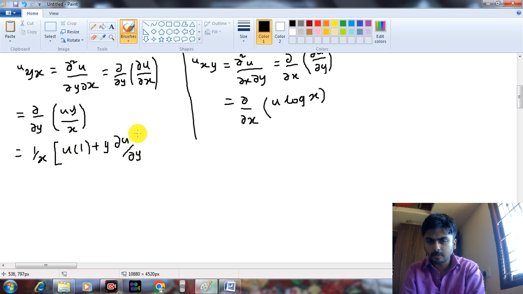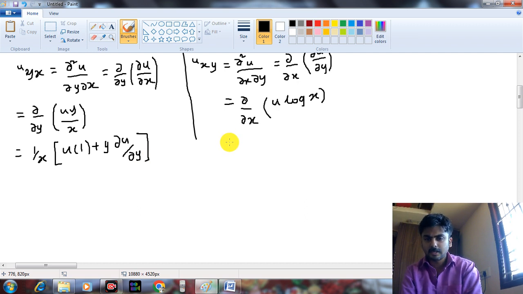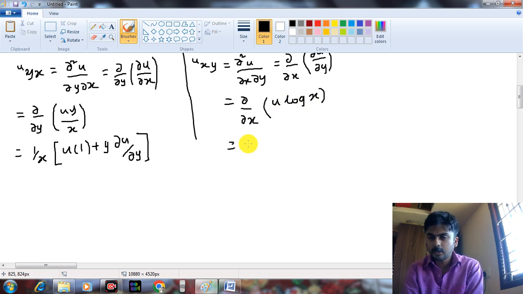And here we are not supposed to take anything outside, because log x is a function of x, as well as u is also a function of both x and y. So on differentiating, we get u by x, u v dash plus v into u dash, that is log x.